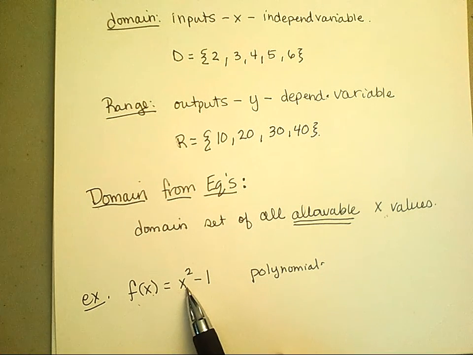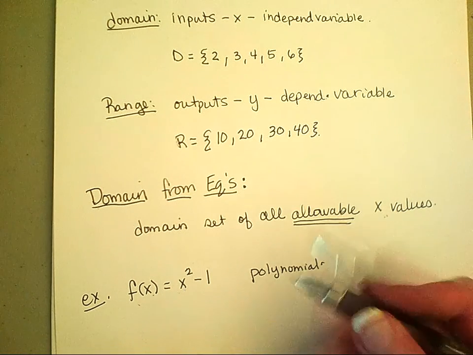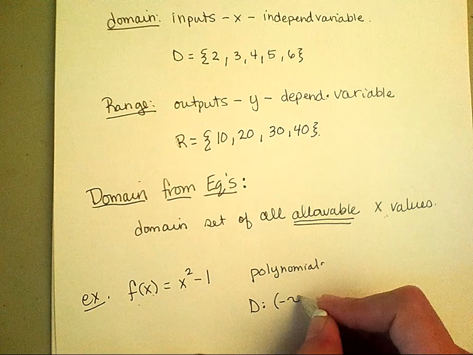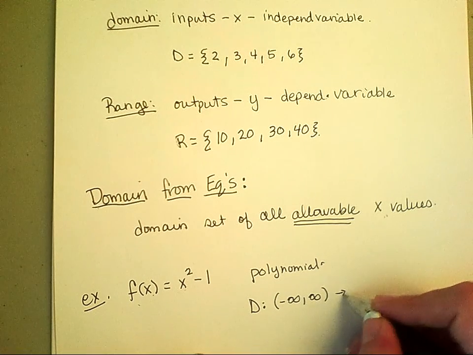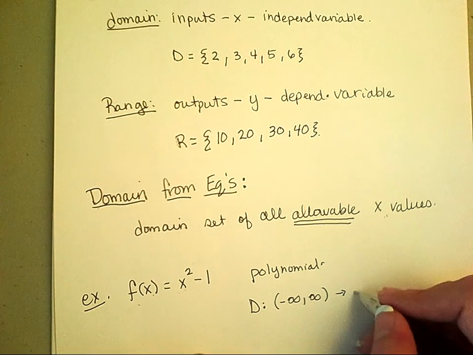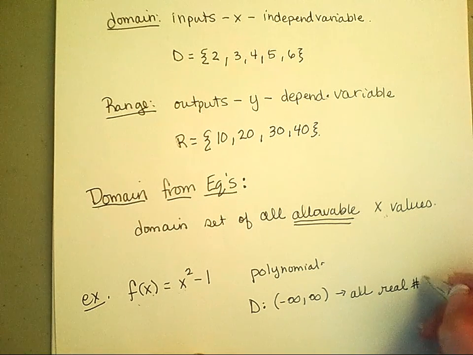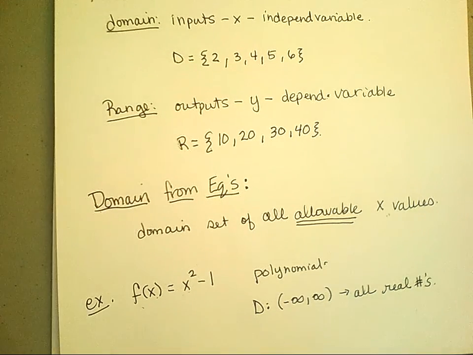We can put in any value for x, and so our domain is going to be equal to all real numbers, which in interval notation we write as negative infinity to infinity. And that's one of the reasons why we like polynomials. We have no domain violations there.